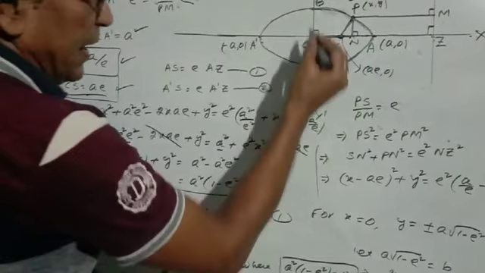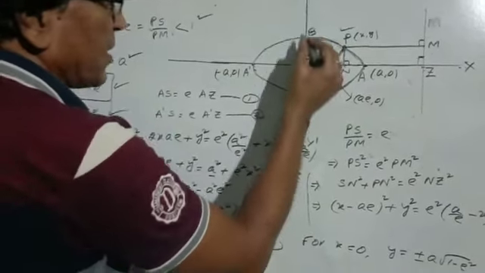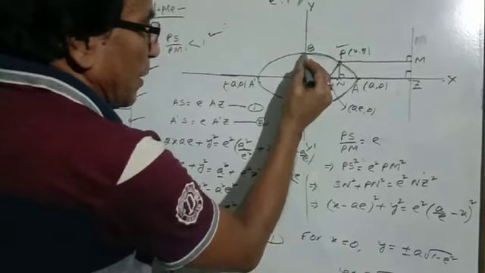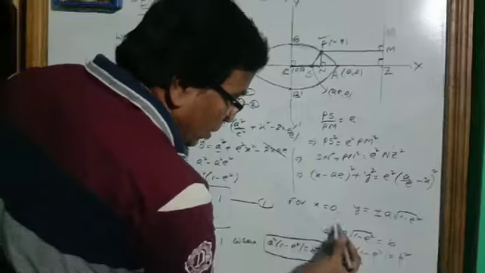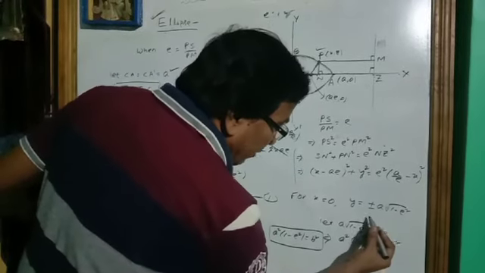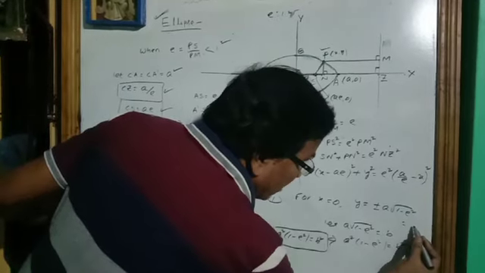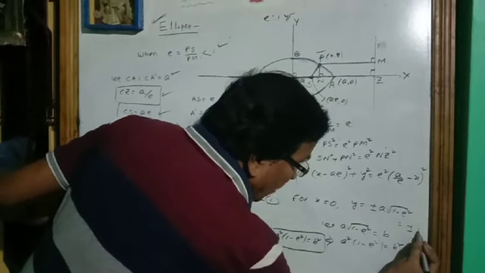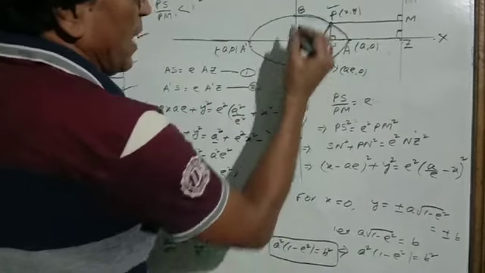And here you see that the ellipse meets the y-axis at the points B, B dash, where x is 0, and for x is equal to 0, we are getting y is equal to a into square root of 1 minus e square, which is equal to b. So for x is equal to 0, we are getting y is equal to plus minus b.